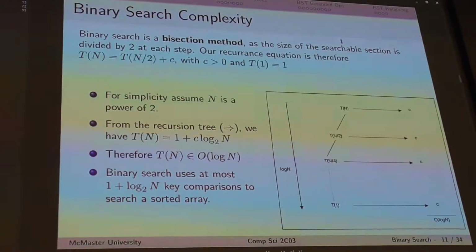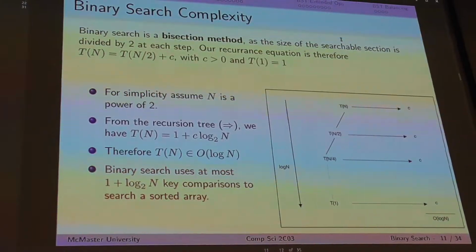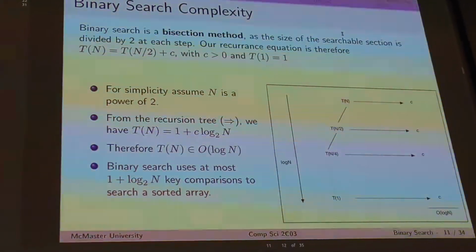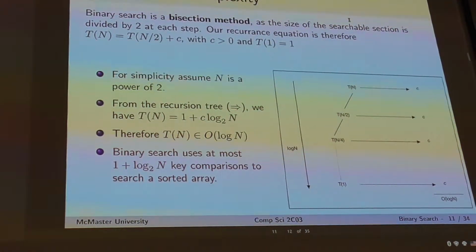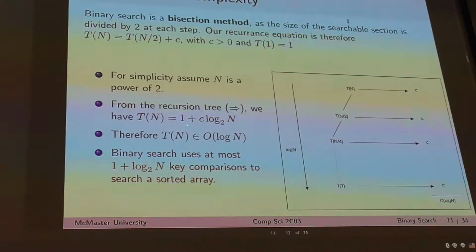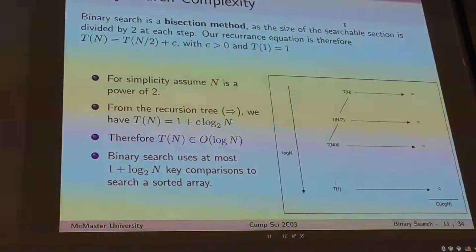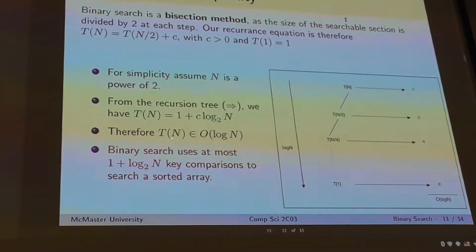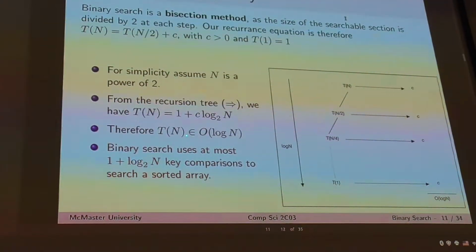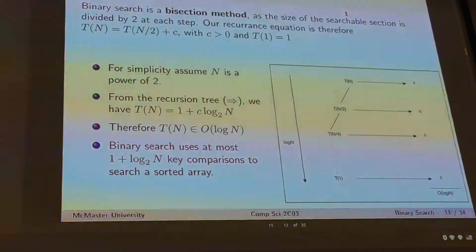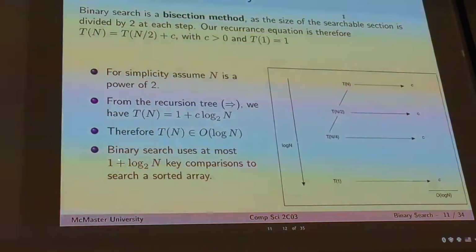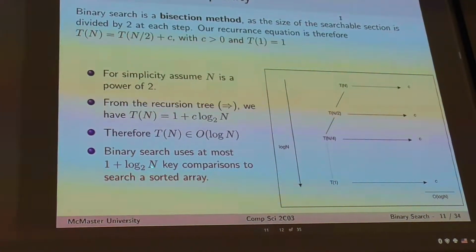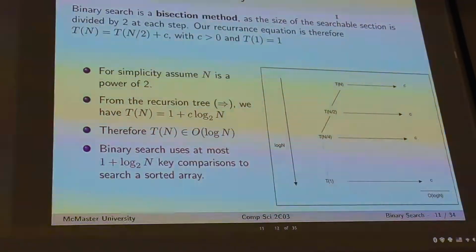For simplicity, assume n is a power of 2. From the recursion tree, we have T(n) = 1 + c log2 n. Therefore, T(n) is an element of big O log n. Binary search uses at most 1 + log base 2 n key comparisons to search the sorted array.